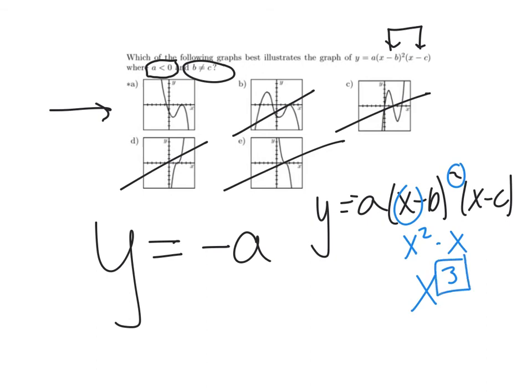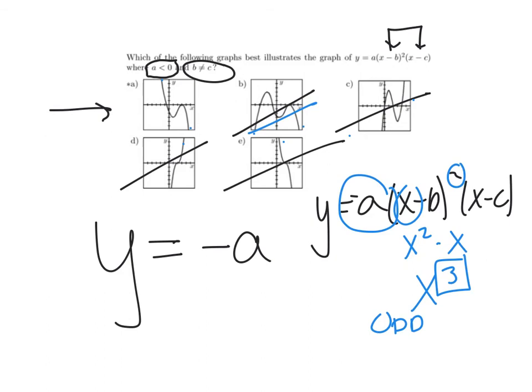Now that degree is odd, which tells me the end behavior has to go in opposite directions. Okay, so again, that guy's out because it's going in the same direction. That guy goes in opposite, that guy goes in opposite, and that guy goes in opposite. The other big thing now is that this is negative, so I know it's going to start high and end low.